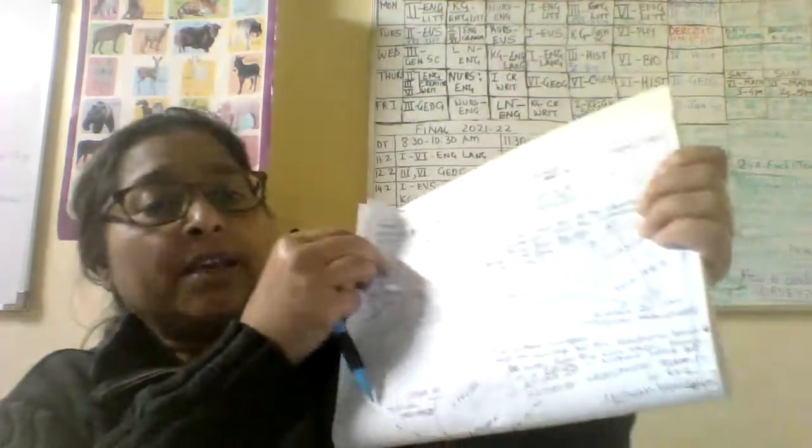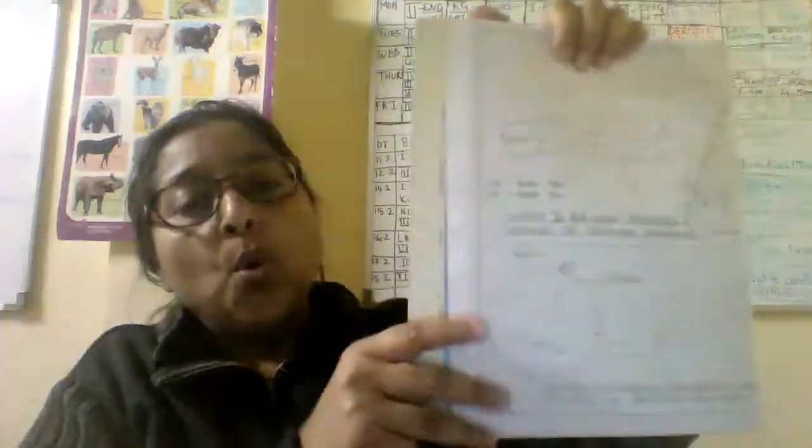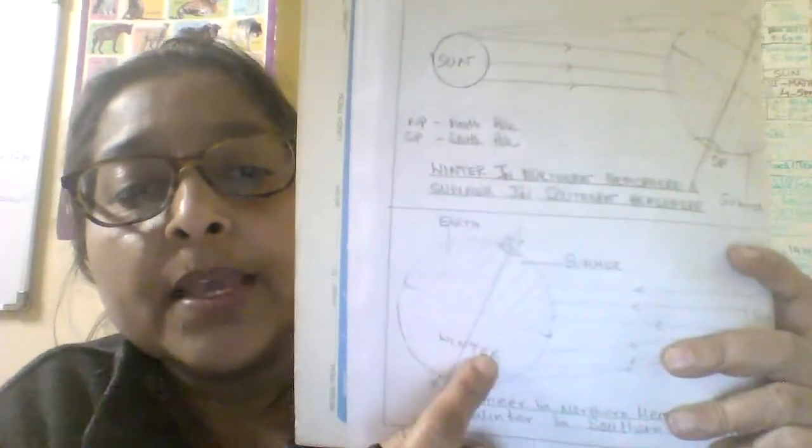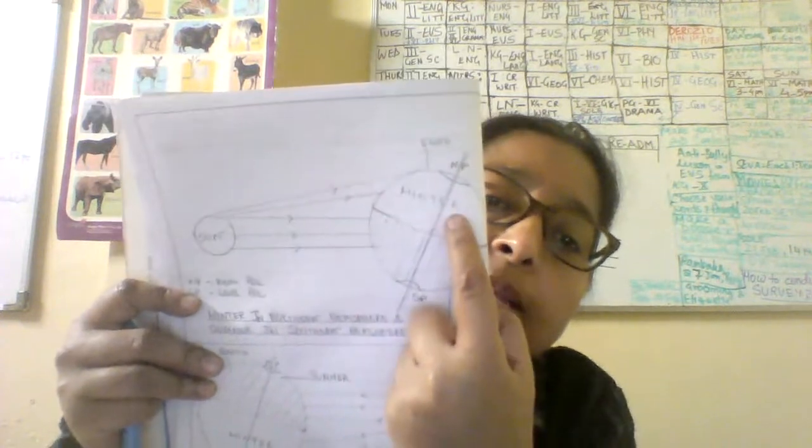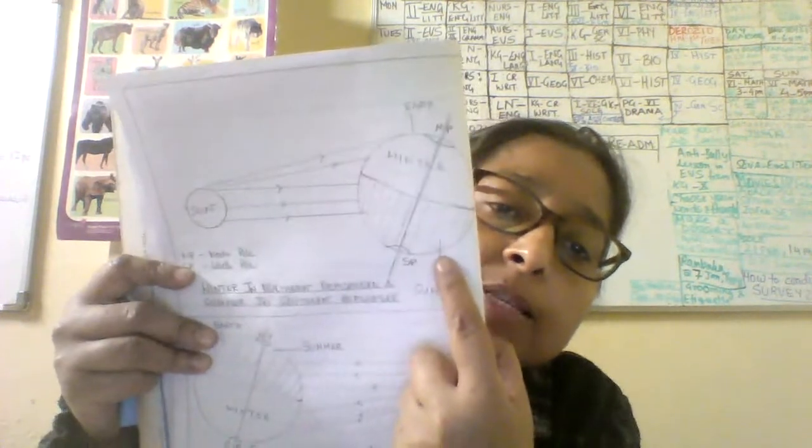So if I ask you, why will it be summer in December in Australia, but winter in December in Calcutta, then what will you say? It is this drawing that you will have to show, with the winter in the north and summer in the south.